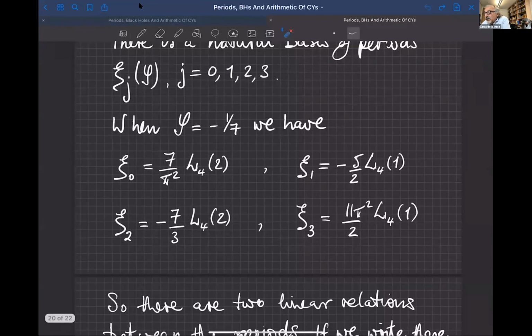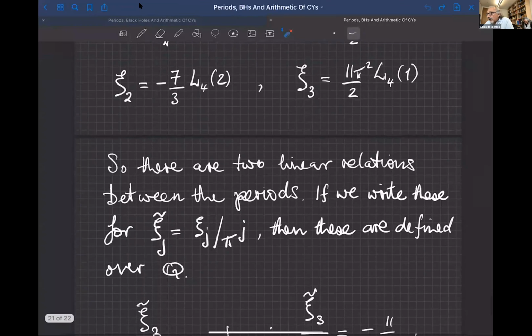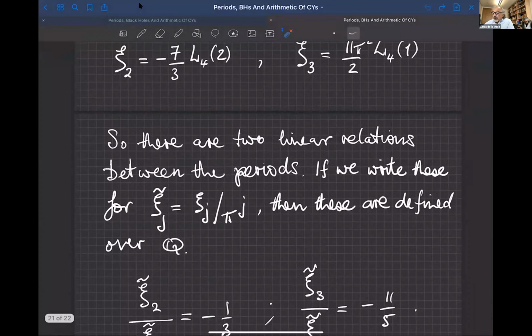Since these are evaluated in terms of two L values, L41 and L42, there are two linear relations between the periods. This is something, of course, you wouldn't expect, and these linear relations are basically rational numbers. So this is to do with the fact that we said that omega determined a plane inside the lattice.